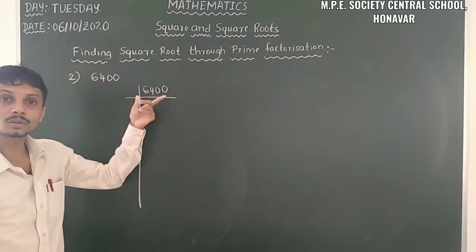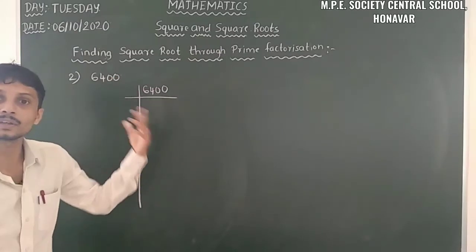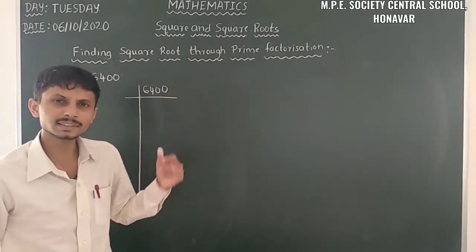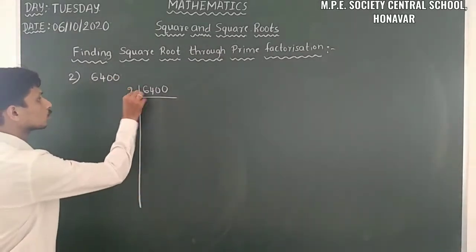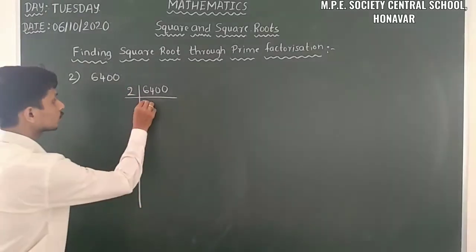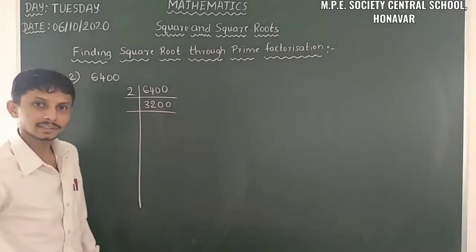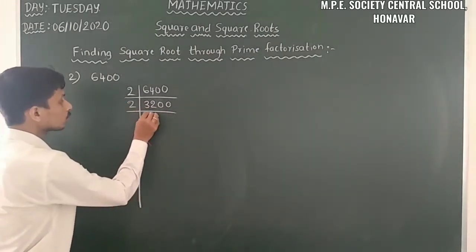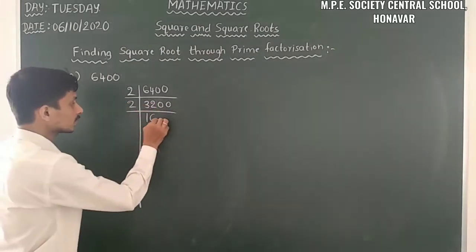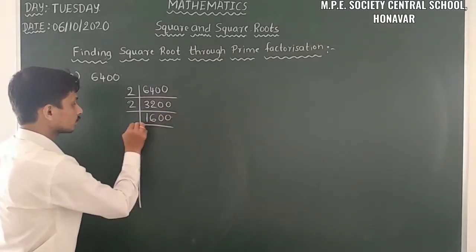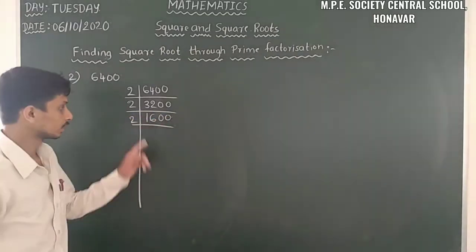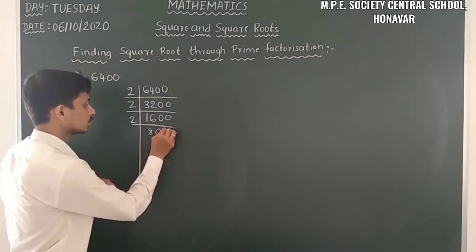Here it is an even number. Also it ends with 0. You can take 5 also, you can take 2 also. Let us take 2 here. So 2 into 3, 2 into 2, 0 and 0. Again let us take 2, 2 into 1 and 1 remains, 2 into 6, 0, 0. Then 2 into 8, 0, 0.